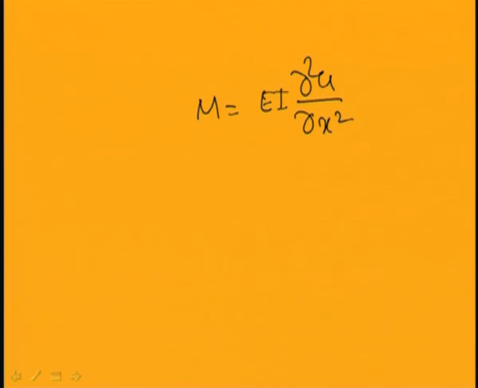So, for M I can substitute E I del square u by del x square.